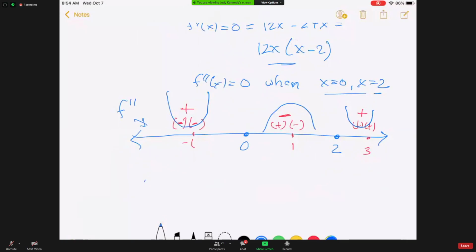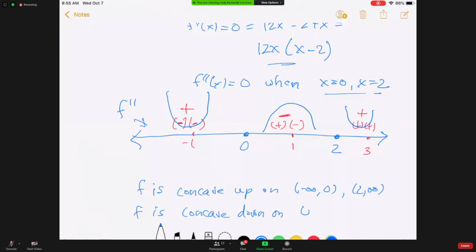So what we've got, f is concave up on minus infinity to 0 and on 2 to infinity. And f is concave down on the interval in between.